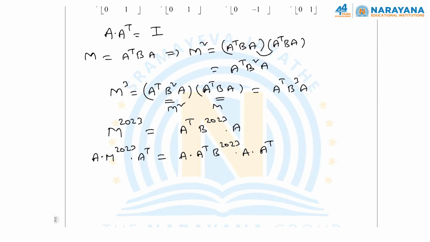So from here, A into A transpose is I, A into A transpose is I. So this will be equal to B power 2023.